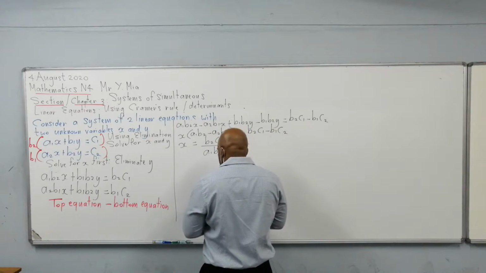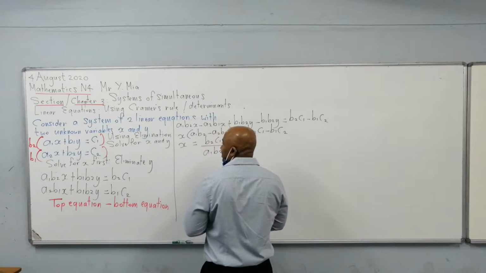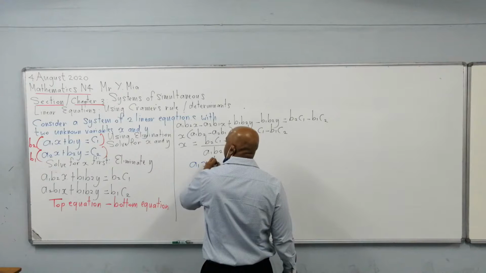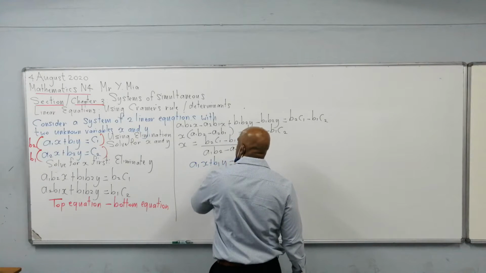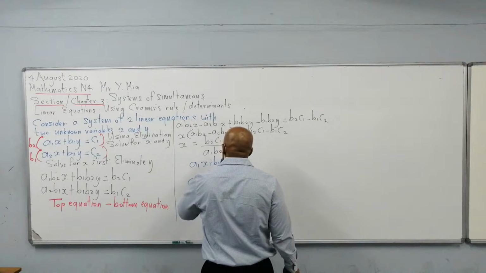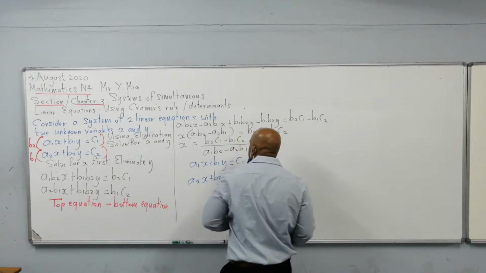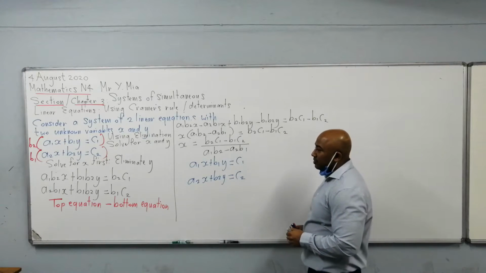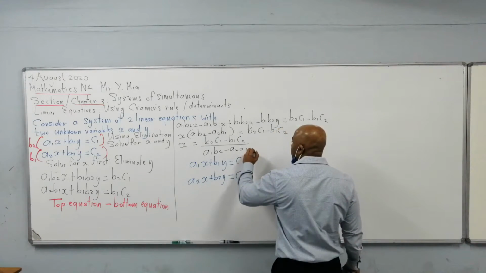And this time, let me copy down the equation. So I got a1x plus b1y is equal to c1, and then I got a2x plus b2y is equal to c2. So what I want to do now is solve for y.